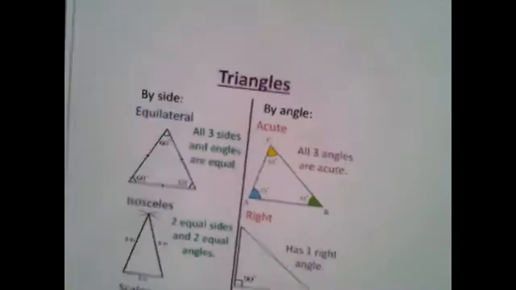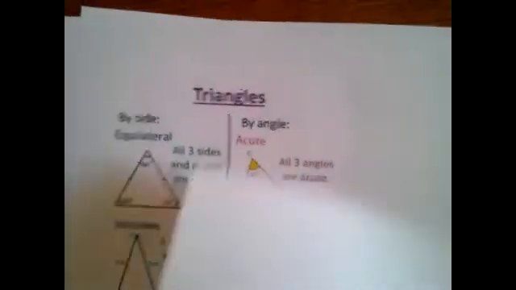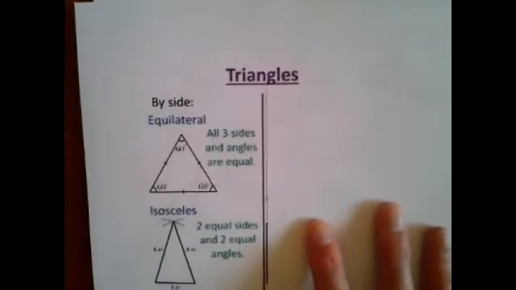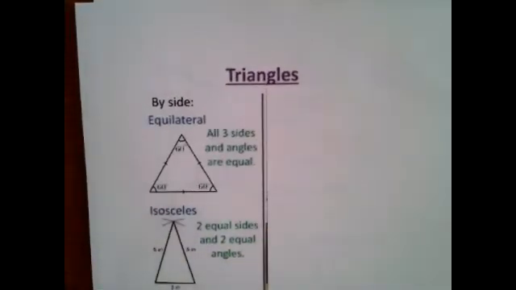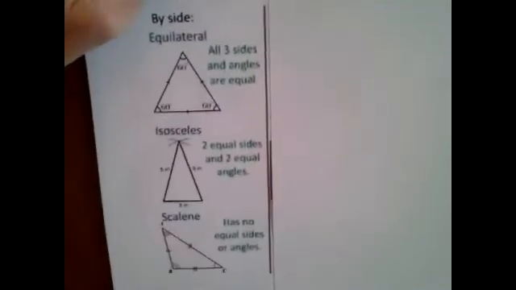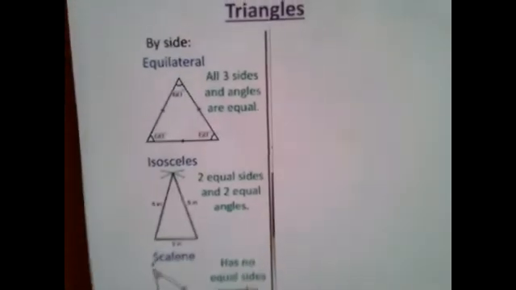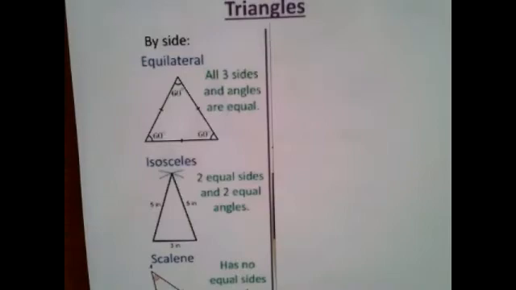One category of triangle gives the triangle a name based on the length of each side of the triangle. So one group of names of triangles is based on the sides, and we have to study those sides and look at those sides very carefully in order to figure out those names.